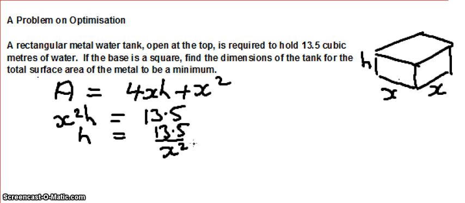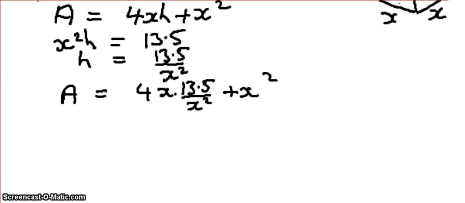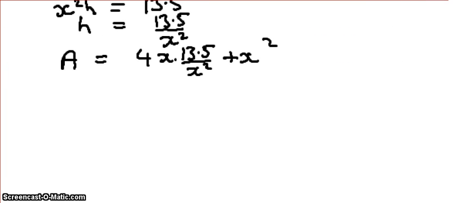Next step, go back to the original formula, which is the area equals 4 times x, now h is actually 13.5 over x squared, so write that in, plus x squared. Now what we do next is we write down the equation in a simplified form.